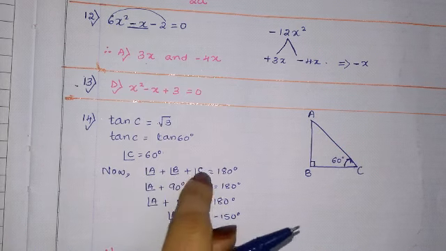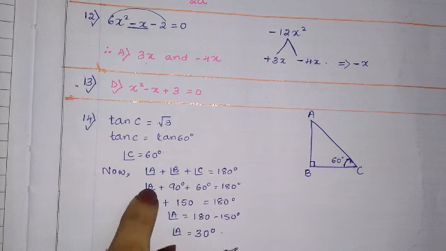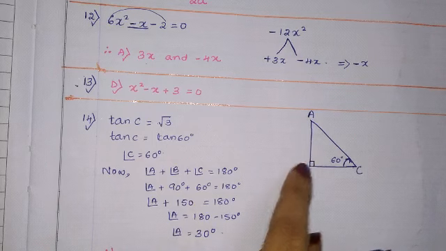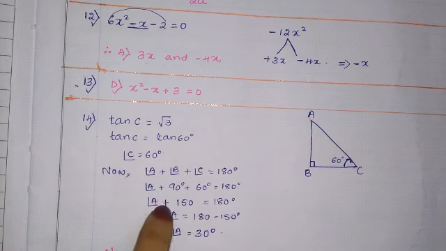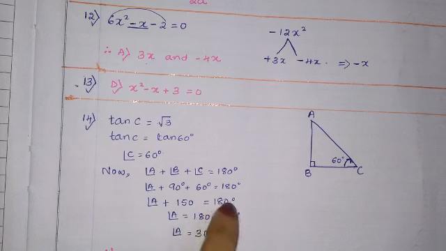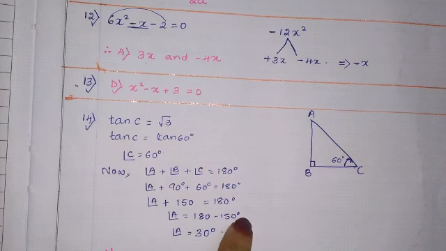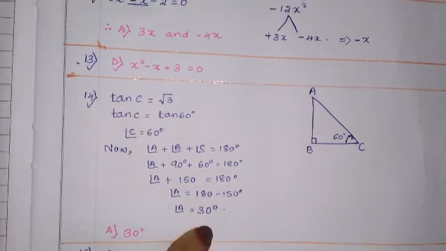Angle A plus angle B plus angle C is equals to 180 degree. B is 90 degree, C is 60 degree, so A plus 90 plus 60, which is 150, is equals to 180. Angle A is 180 minus 150, which is 30 degree. So the correct option is A, 30 degree.